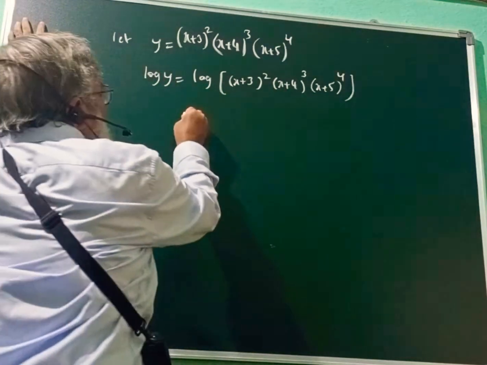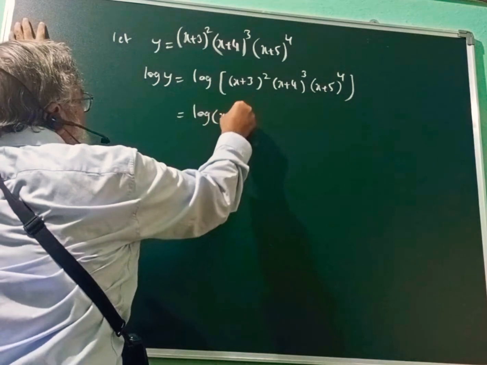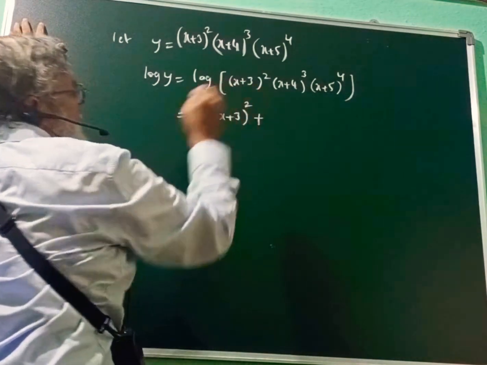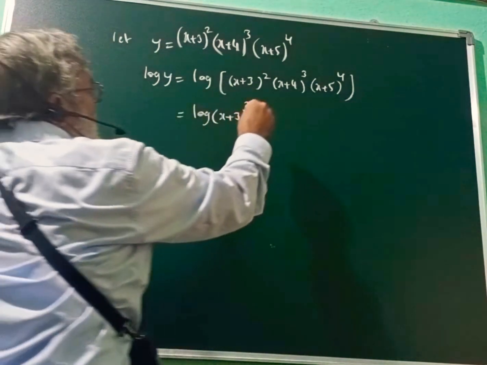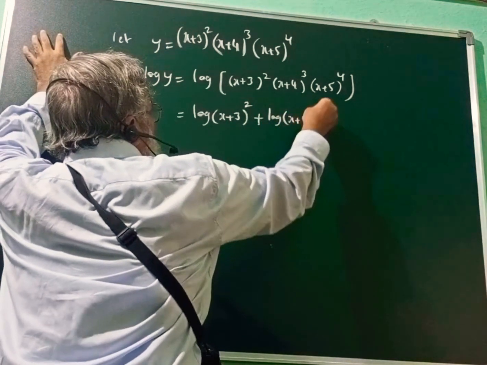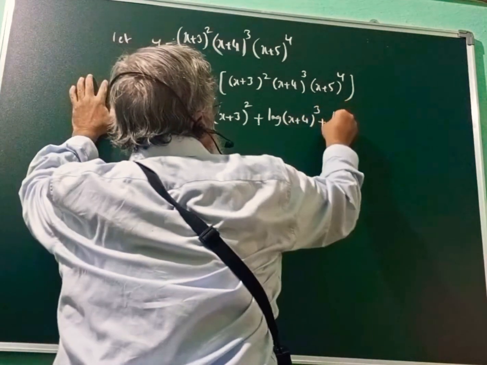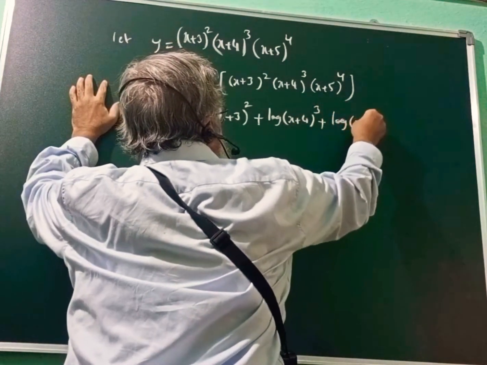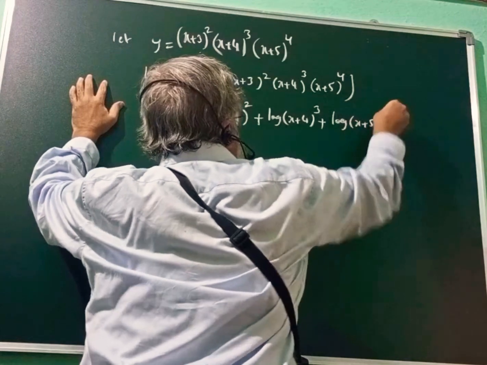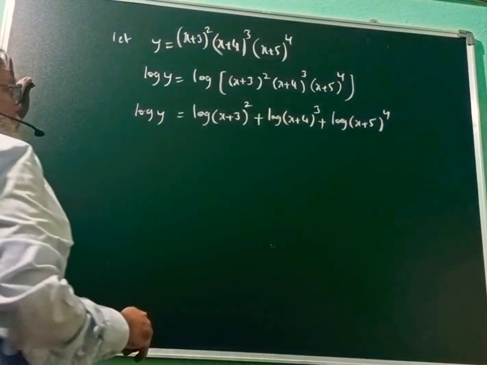By the first formula of logarithm, it can be separated as log of (x plus 3) square, plus log of (x plus 4) raised to cube, plus log of (x plus 5) raised to 4. That is log y.